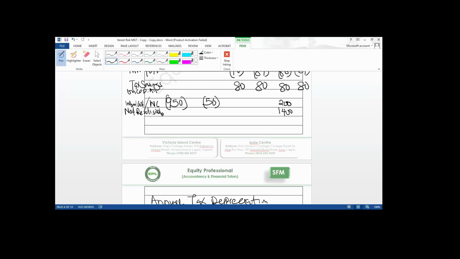You have allowance for 4 years, 200 million, 200 million, 200 million. So your tax written down value will be 0. You now sold the project for 1.4 billion. That is profit on sales.